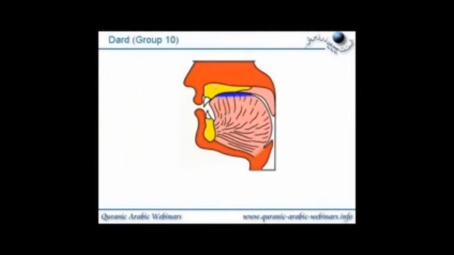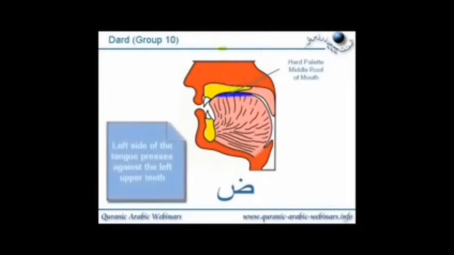The last group is group number 10, which consists of just 1 letter, and the letter is Bod. Now this is quite difficult to say, and it's difficult to show in a diagram, but effectively what you're doing, if you're right-handed, the left side of your tongue will touch the upper left teeth on the top row of teeth.